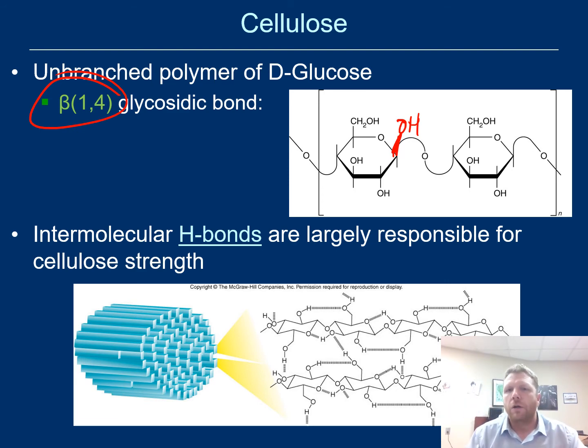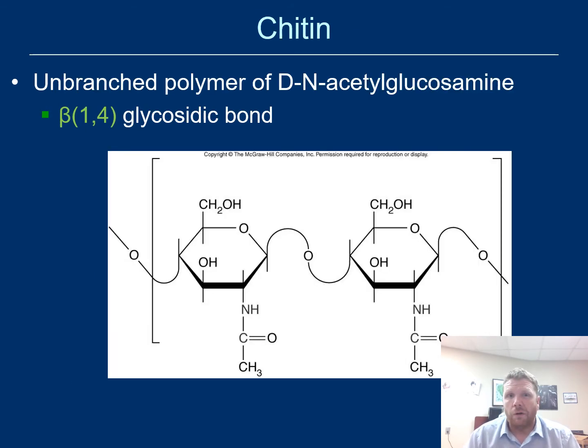So we've got this up linkage, and then carbon number 4 is going down. So we have a beta-1,4 linkage. What's significant about cellulose is that these elements repeat over and over again and enable this complex network of hydrogen bonds that allow cellulose to be so strong.